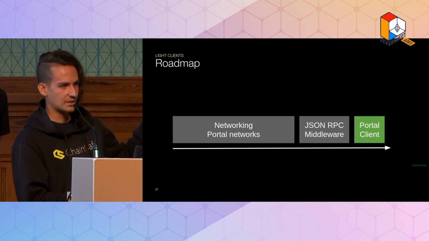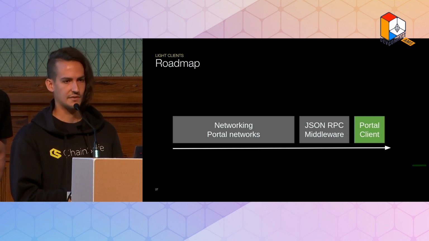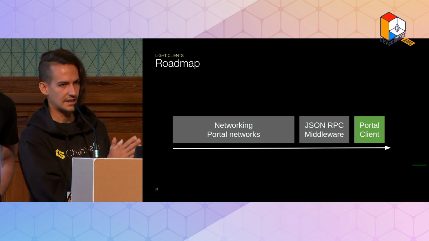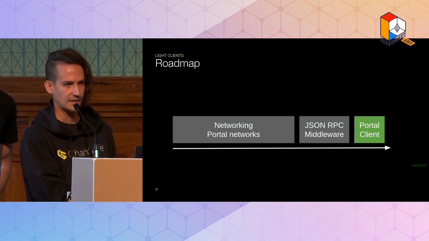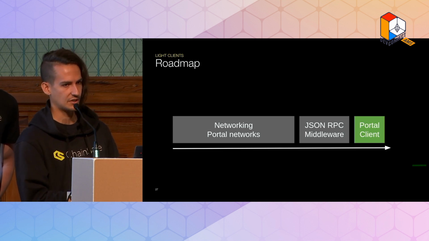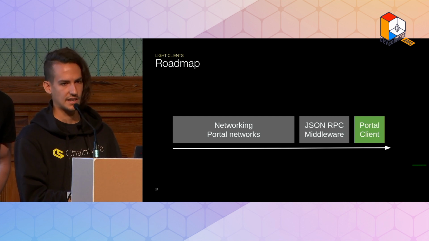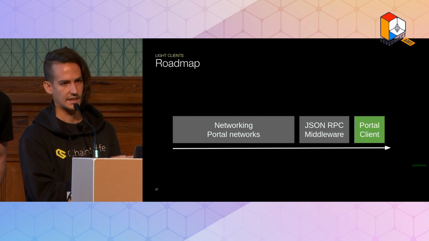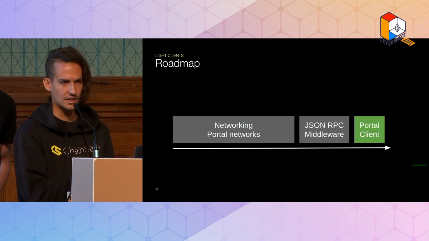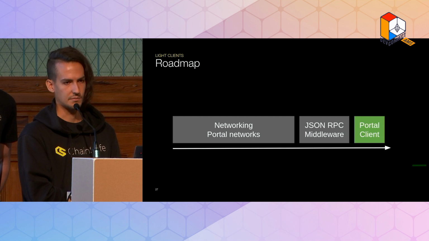Something cool that I want to bring attention to, and I have been talking about this with some people, is that we have developed this client that can give you the tip of the chain in a sufficiently decentralized way, then you can get the execution proof. But to do actual fun stuff and replace MetaMask and Infura, that's the dream, we need this middleware logic that converts your average JSON RPC calls like eth_getBalance, eth_call, into something that you can actually prove.